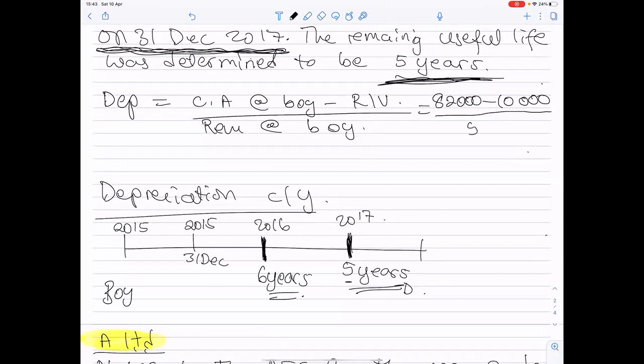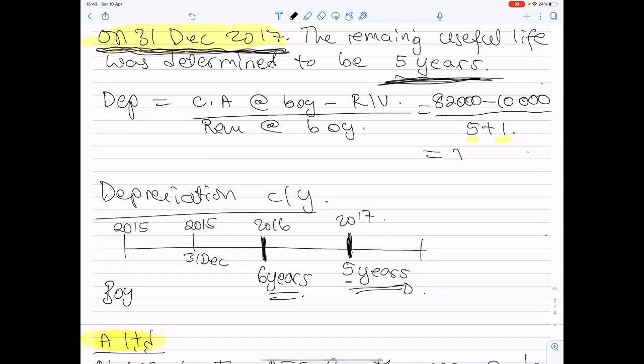So in this case, we say 5 plus 1 to get your remaining useful life at the beginning, because the 5 is the remaining useful life at the end. How did I find the 5? It was the balance at the beginning minus 1, I get 5. So to go back to the balance at the beginning, I say 5 plus 1, then you get 6.